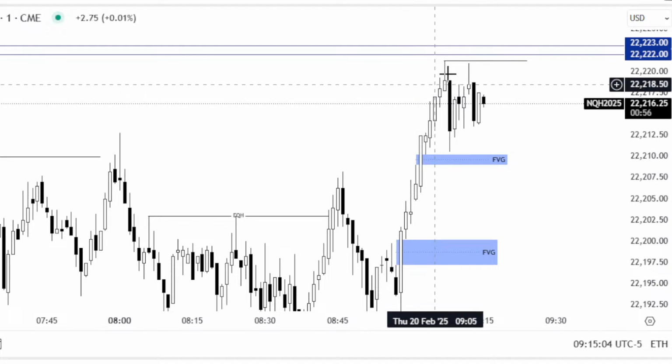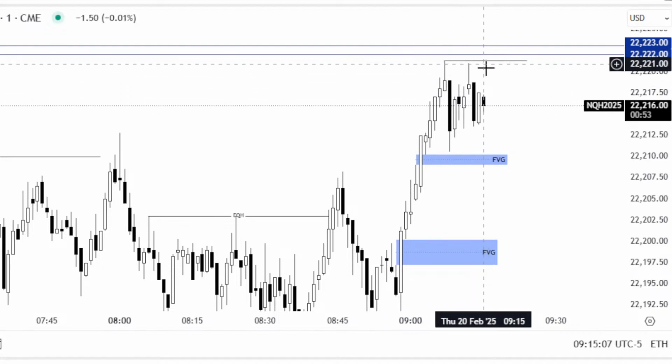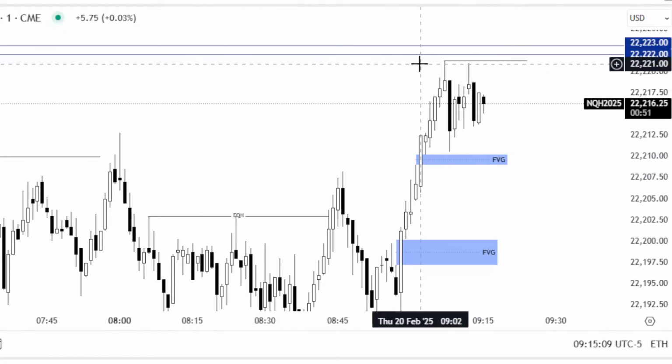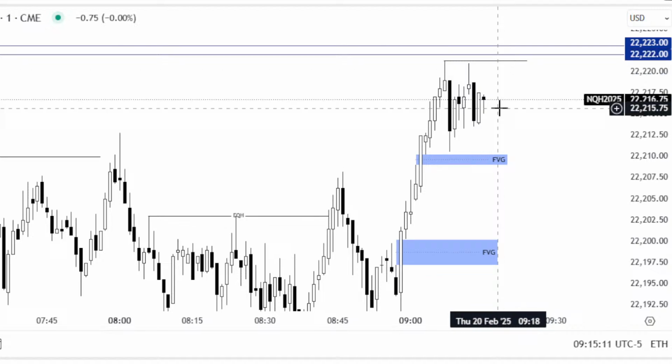Alright, so these two little highs, little equal highs, there's a little gap. If you go far to the left, you'll see there's a little gap there.